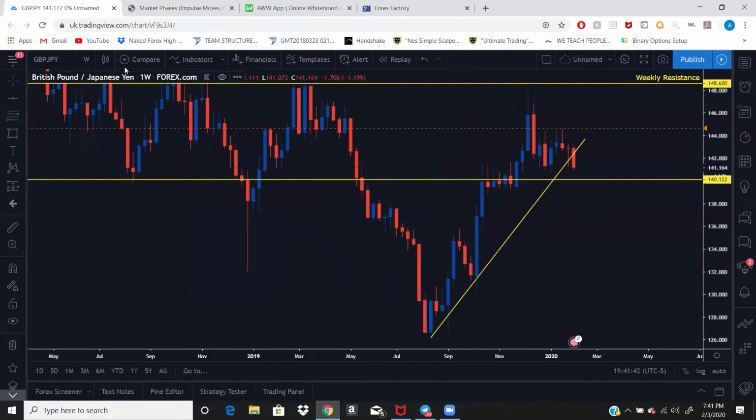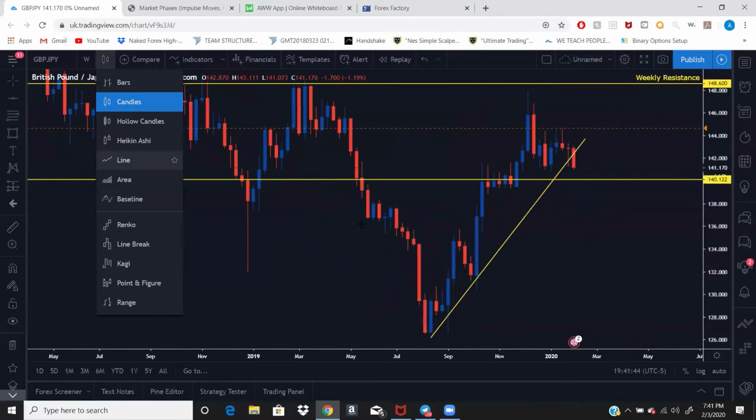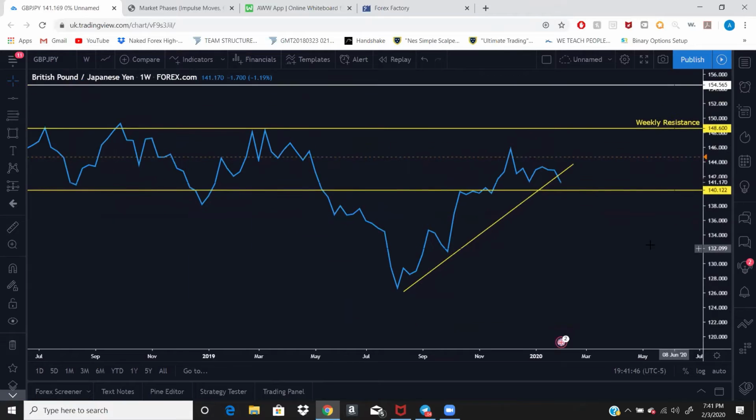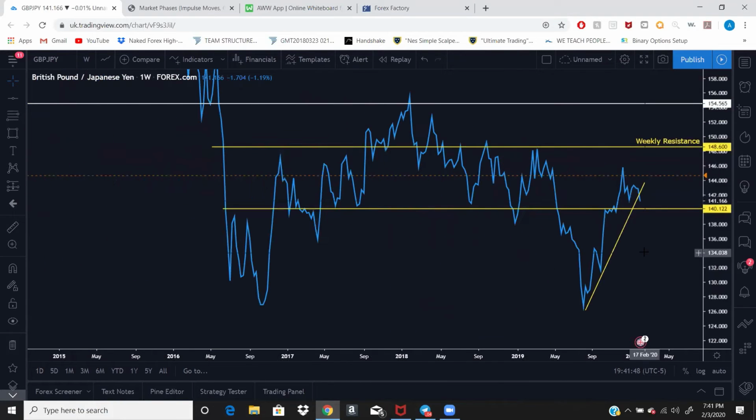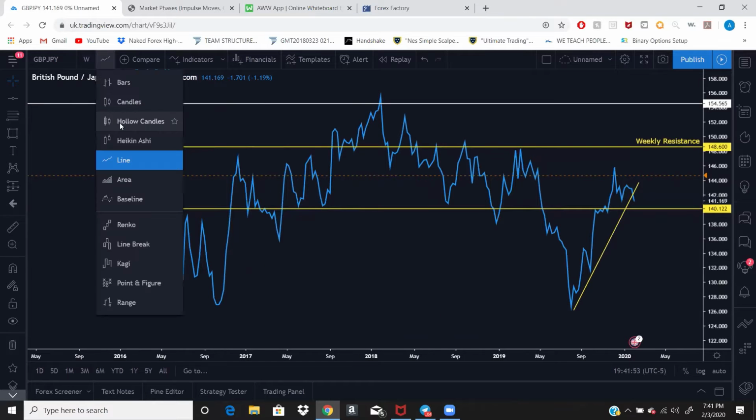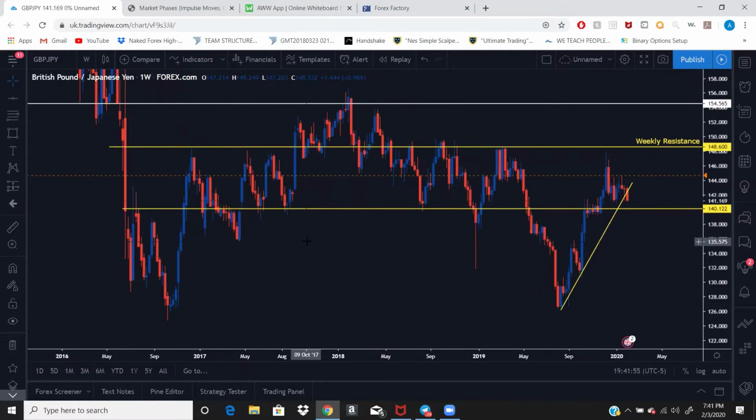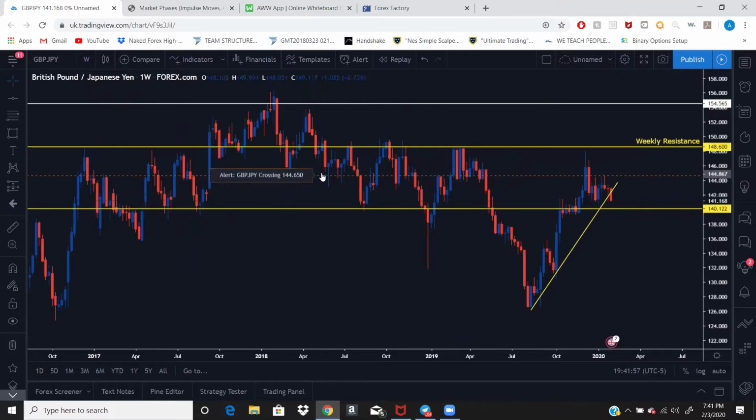So I can already answer your question. No, it's not a good time to buy GJ. Definitely not a good time to buy GJ. It's just massive bearish.